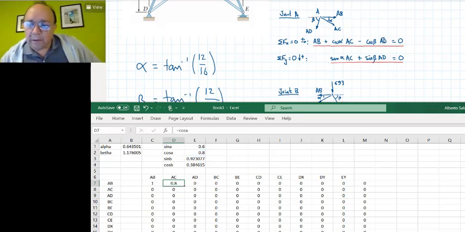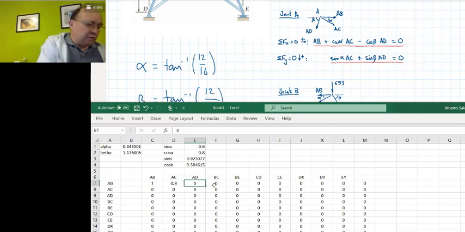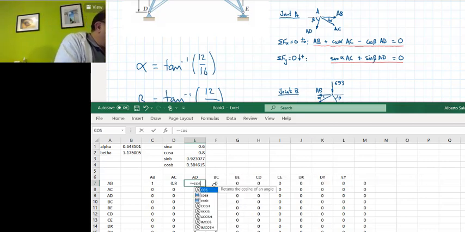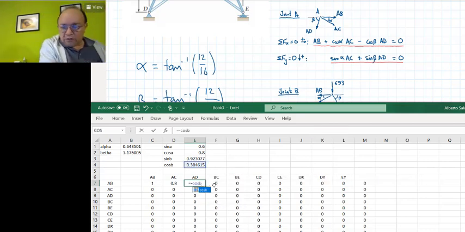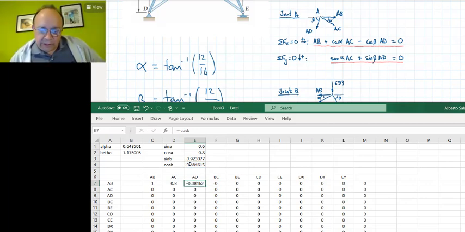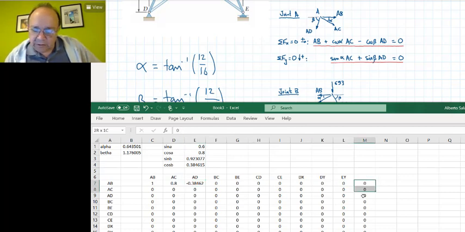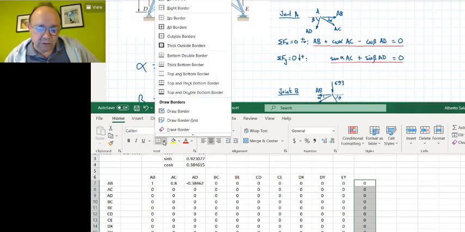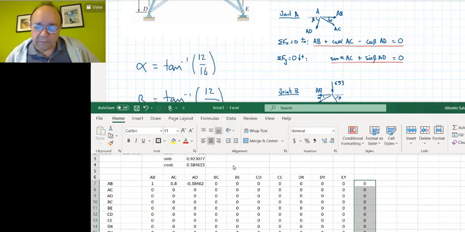Then AD is multiplied by minus cosine beta. So I come here to AD and type equals minus cos B. Cos B is cosine beta, is this 0.38 that I have here? So I have this equation ready. All the other terms are 0, and the right hand side of the equation is also 0. Let's put some border here.